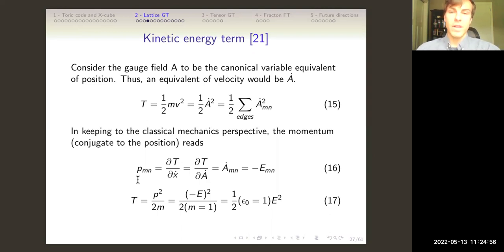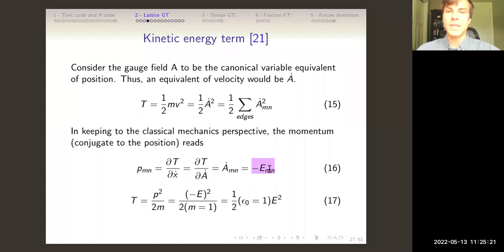And the velocity has this relationship with the momentum in the sense that we're taking the mass to be 1 at the moment. We have the kinetic energy being like the A-dot fields, and the momentum with this field theory definition here being this.